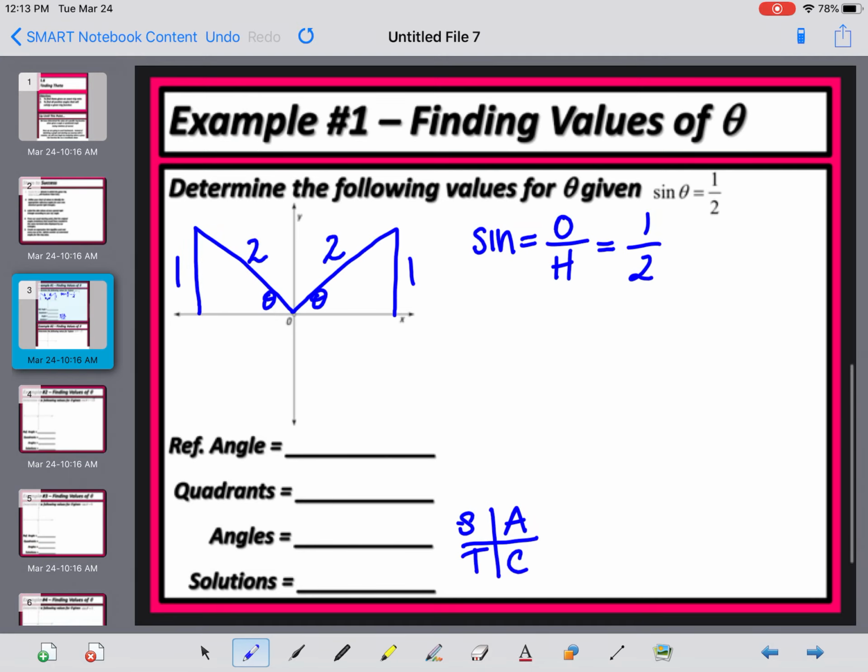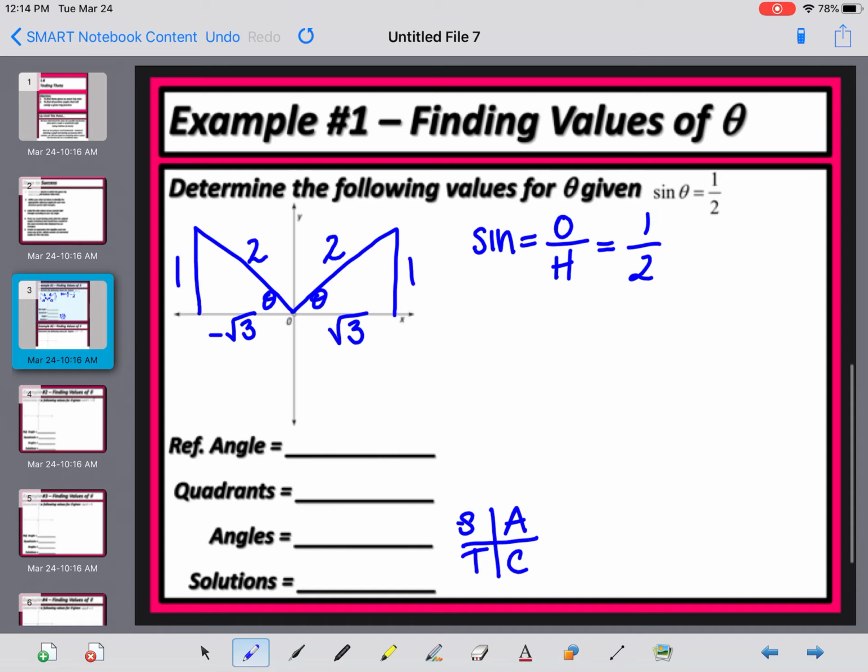So we want to think, well, what special right triangle has a hypotenuse of 2 and a side length of 1? That would be a 30, 60, 90, meaning that this remaining side would be √3 and -√3 to accommodate for the quadrants. And now we have to figure out, well, what could theta possibly be?